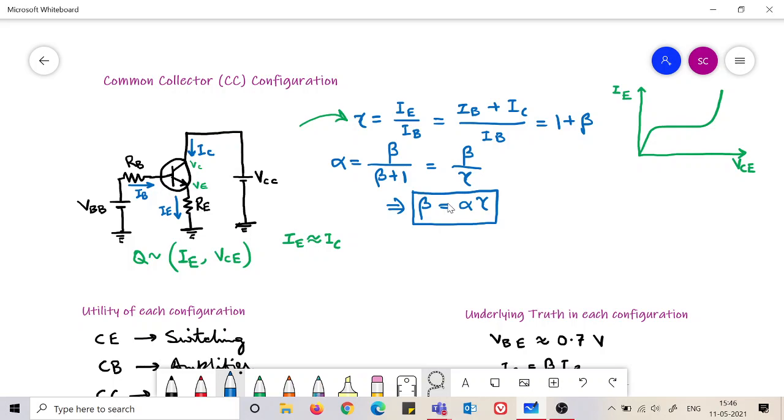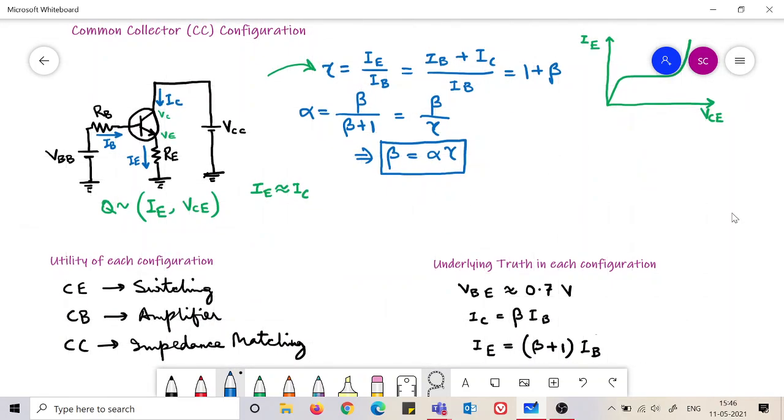We can also write beta in terms of alpha and get a relationship between gamma and alpha. We want to find the relationship between gamma and alpha. What is the relationship between alpha and beta?